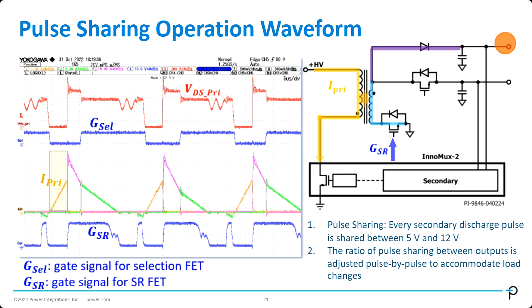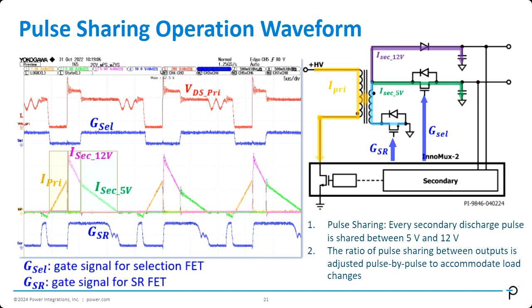So I need to make sure that the selection FET is off. So all of the current gets discharged to the 12-volt output. And then I simply turn on the selection FET gate over here so that the current only gets discharged to the 5-volt, because, as we mentioned, the top diode should be reverse biased in this case.